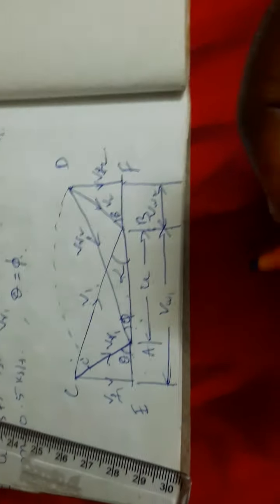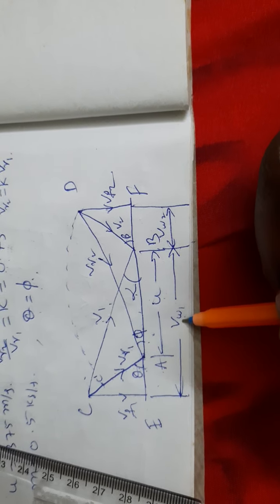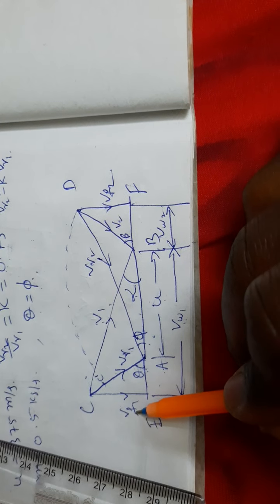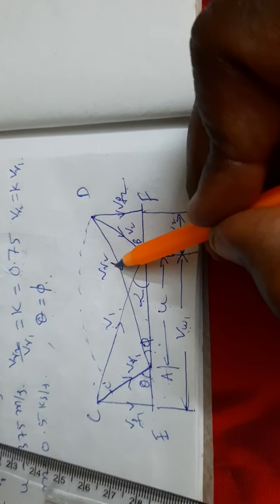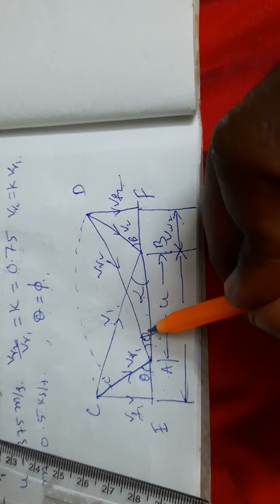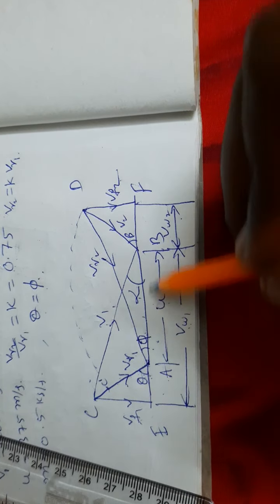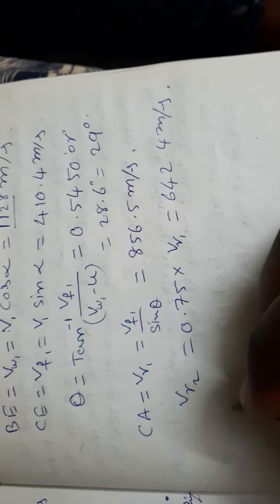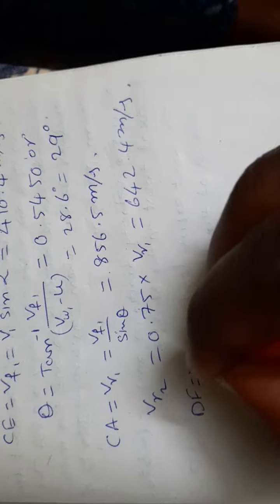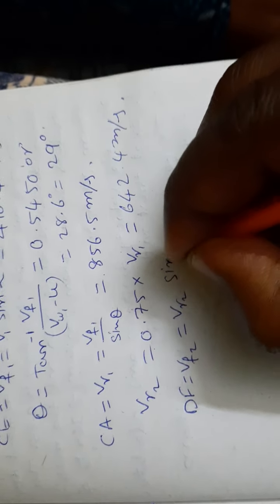Next, what do we require? We already calculated VW1 and VF1 from the inlet velocity triangle. Now we have to calculate VW2 and VF2. We already calculated VR2 and we know the phi value. So from the outlet velocity triangle DAF, we can calculate DF, which equals VF2, equal to VR2 sin phi.